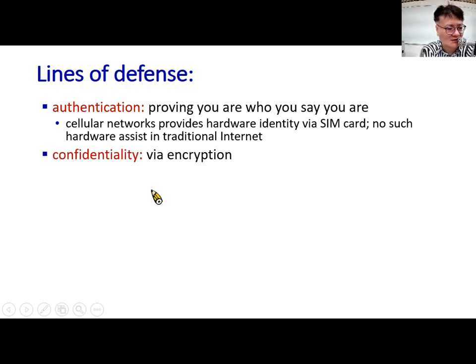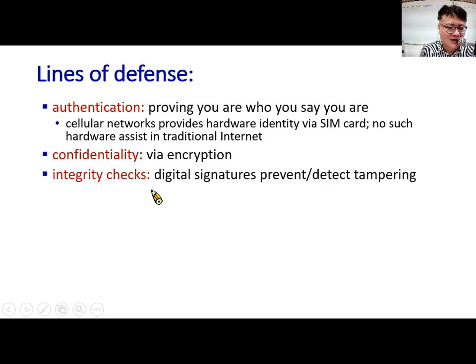Second, confidentiality is achieved via encryption. The third is integrity checks. For example, if you send an email from A to B, it should maintain integrity, so that no one can change the email content.